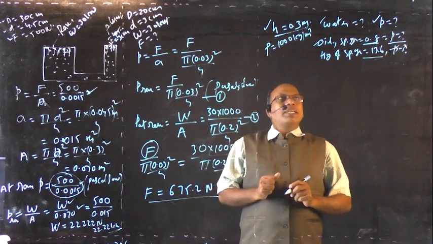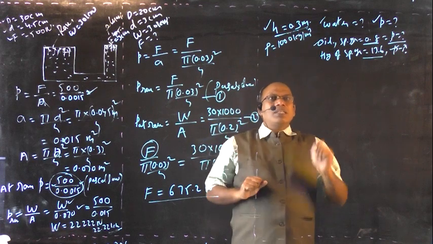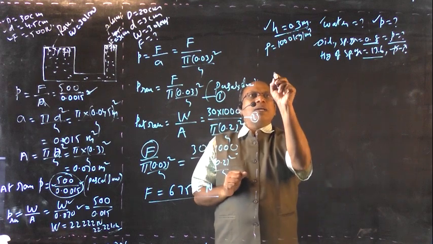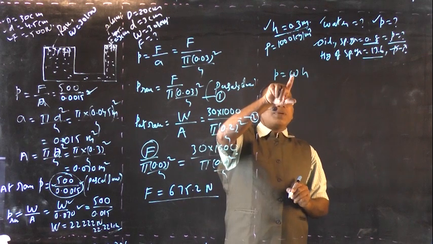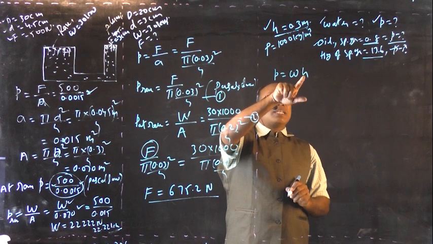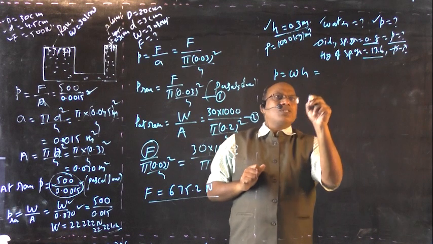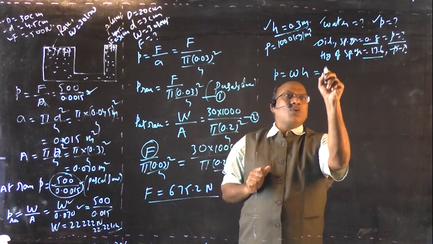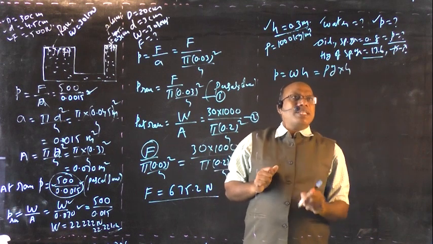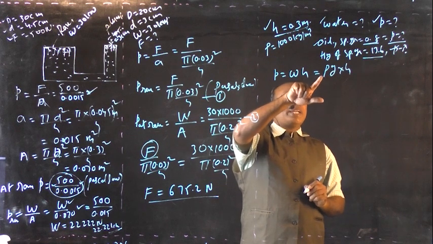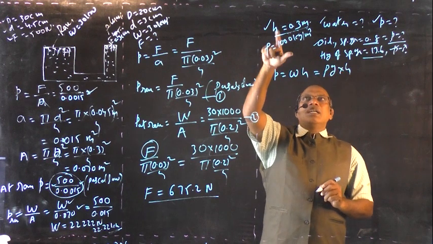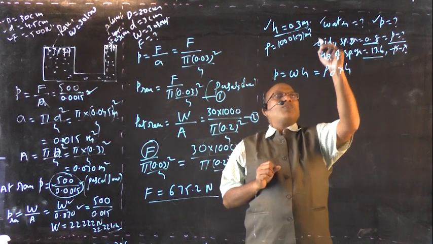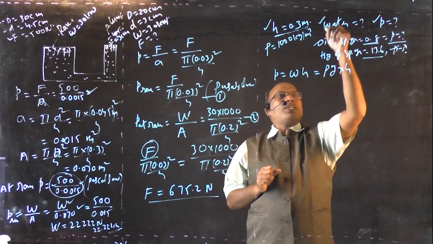First we are going to determine the pressure with respect to water. Standard formula, pressure equal to W H. W is the unit weight of liquid, H is the head or liquid column. W is also nothing but rho g, so pressure is rho g into H. Rho is the density of the liquid, g is the acceleration due to gravity, and H is the liquid column. Here, first we determine the pressure intensity for water.